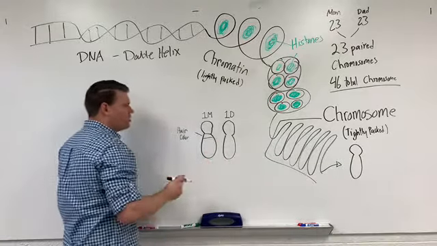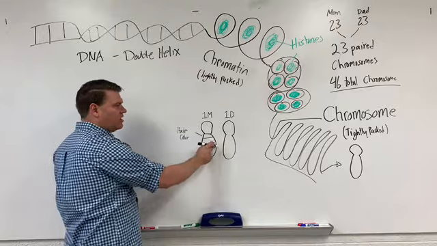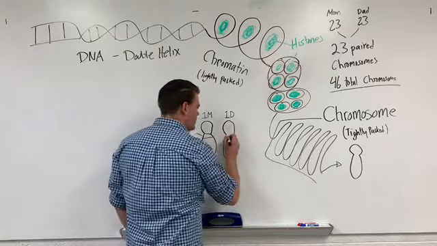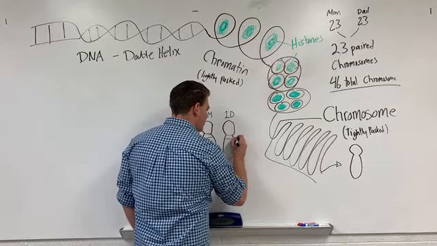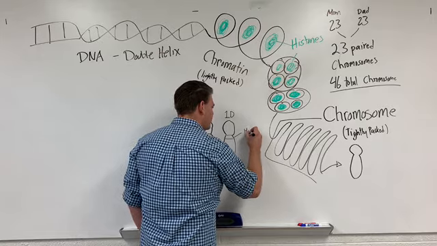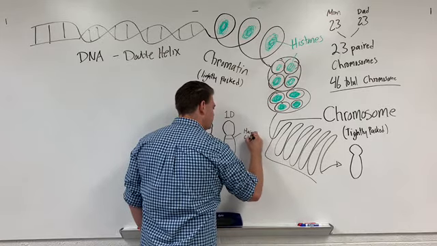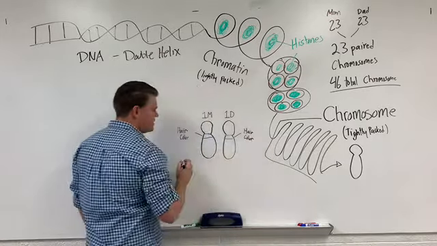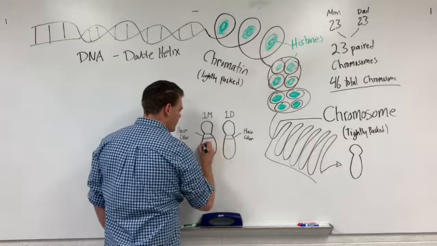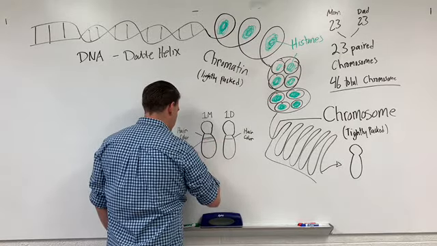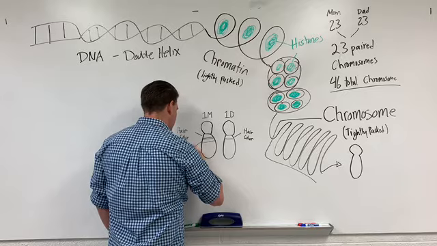So on chromosome 1M, you have your hair color, and then chromosome 1D, you would also have a gene right there for hair color. And let's say right next to it, you have the gene for eye color.